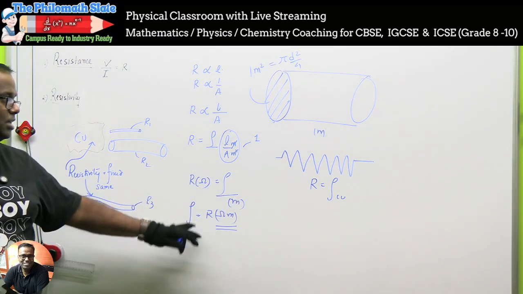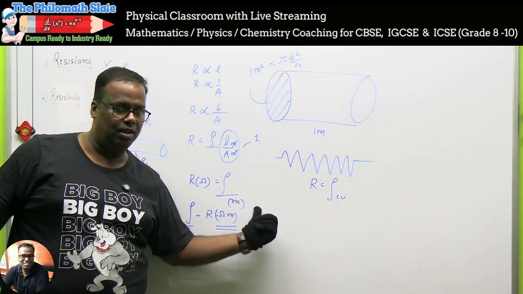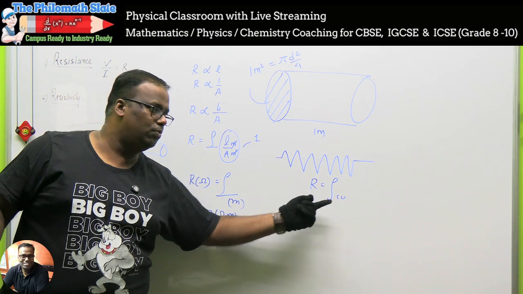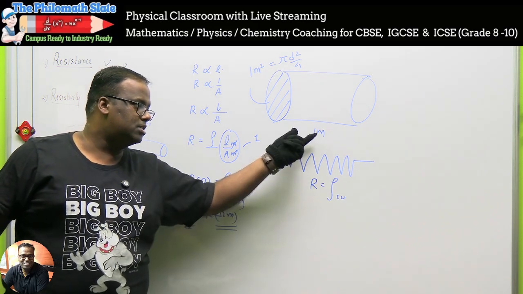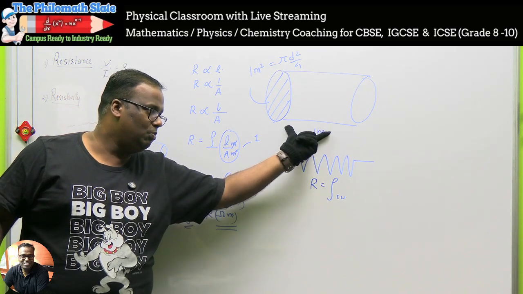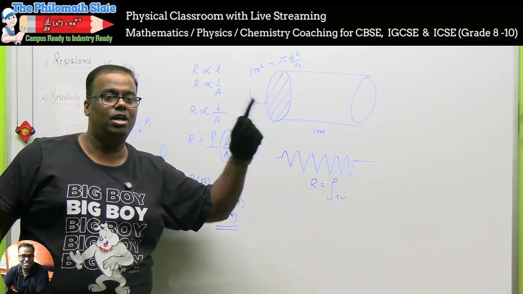Resistivity of a material, resistivity of copper, silver, gold, is the resistance of a wire made of gold whose length is 1 meter and cross-sectional area is 1 meter square.